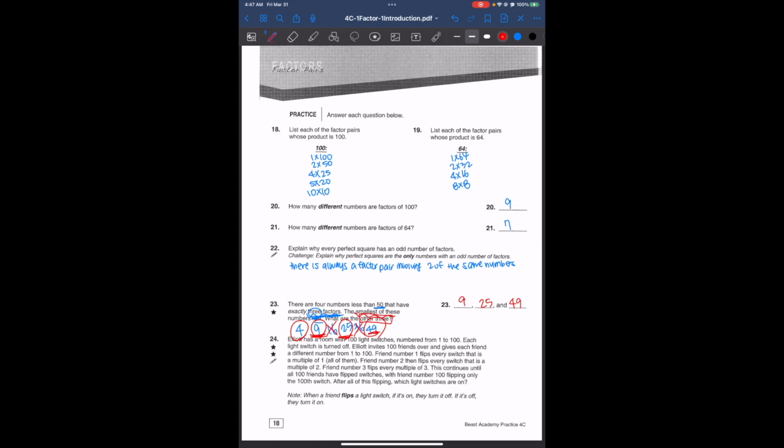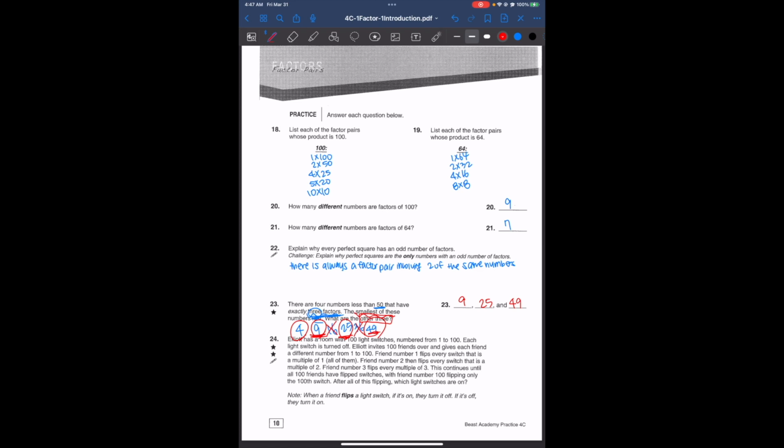And then friend number 2 flips every switch that is a multiple of 2. So 2 is a factor. Friend 3 flips every multiple of 3, so 3 is a factor. And this continues on until all 100 friends have flipped switches, with friend 100 flipping only the 100th switch.